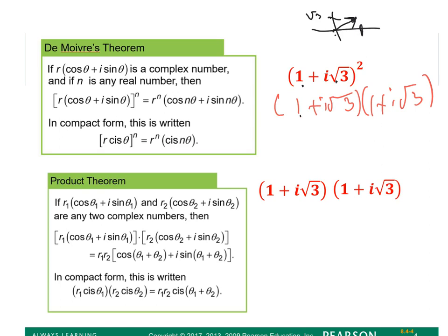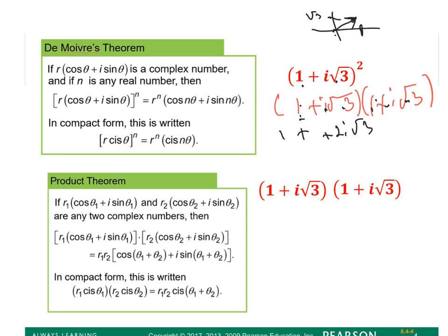So 1 times 1 is 1. 1 times i square root of 3 plus 1 times i square root of 3 is plus 2i square root of 3. i times i is a negative 1. Square root of 3 times square root of 3 is 3.